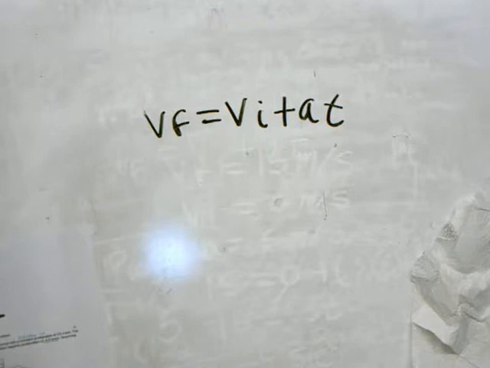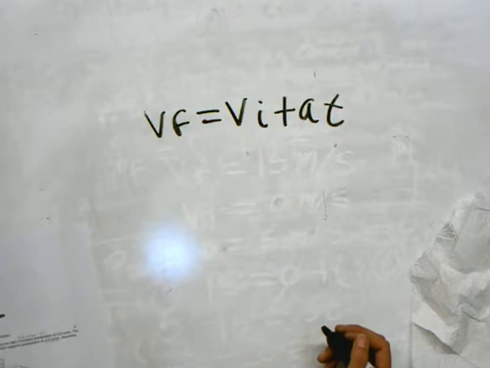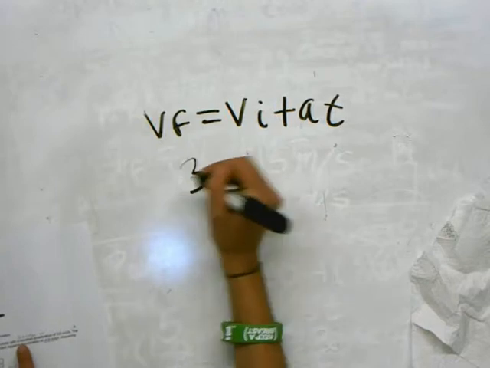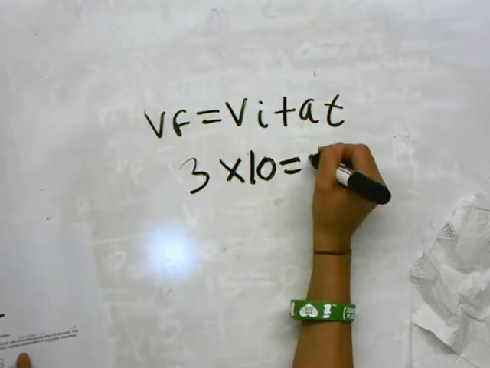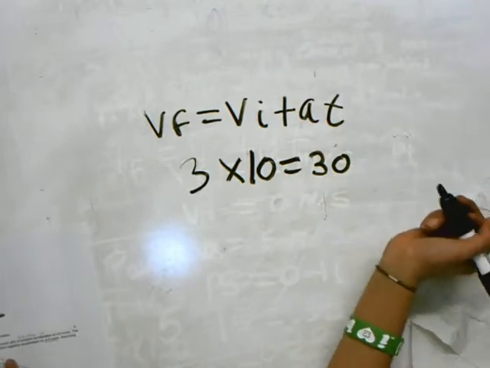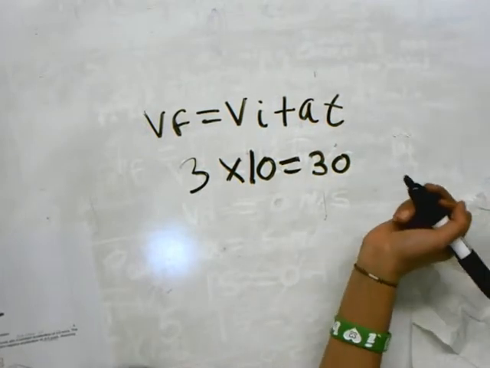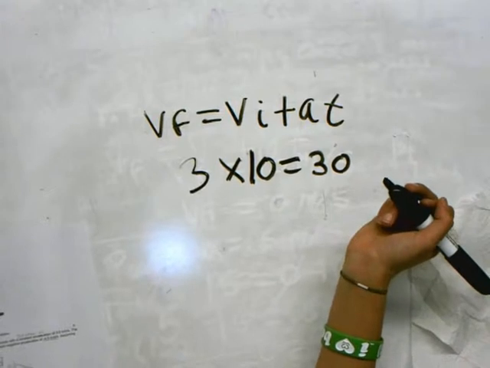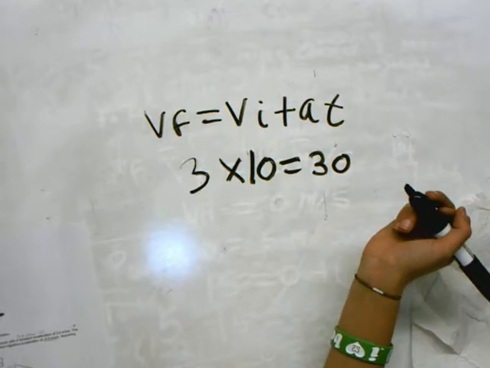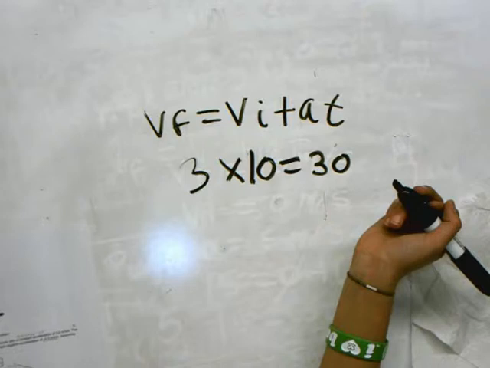So we merely do a little math, which is 3 multiplied by the 10 seconds, and we get that he is going at 30 meters per second. Now we're trying to find out how fast he ended up going in the end. We see that he has a negative acceleration of negative 4 meters per second squared, and he applies the brake for 2 seconds.